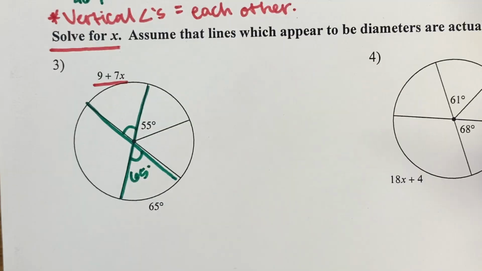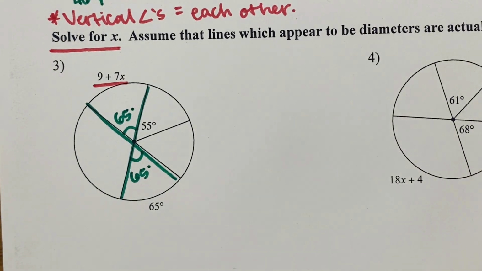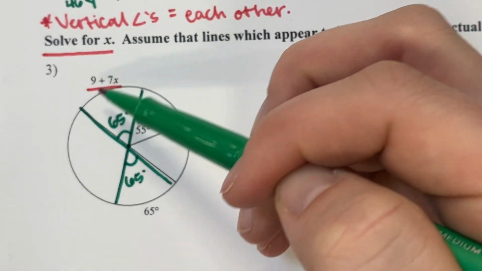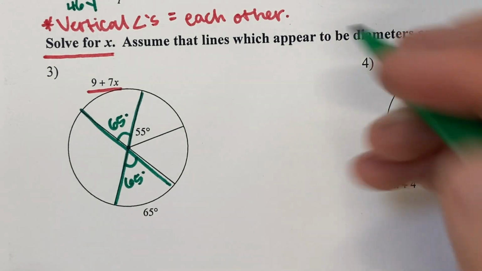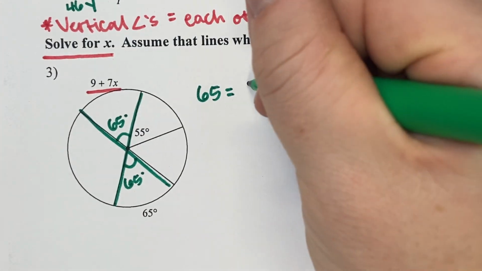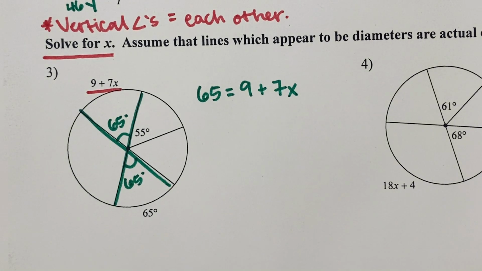Since these are vertical angles, that's also 65. And guess what? Now we can take this angle, set it equal to the arc that it creates. So now we have 65 equals 9 plus 7X, and now there's an equation. We can actually solve for X.